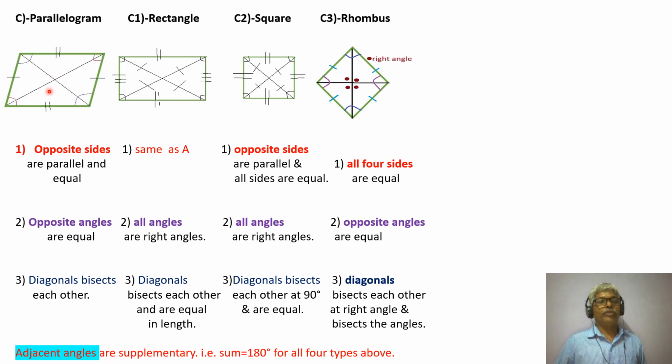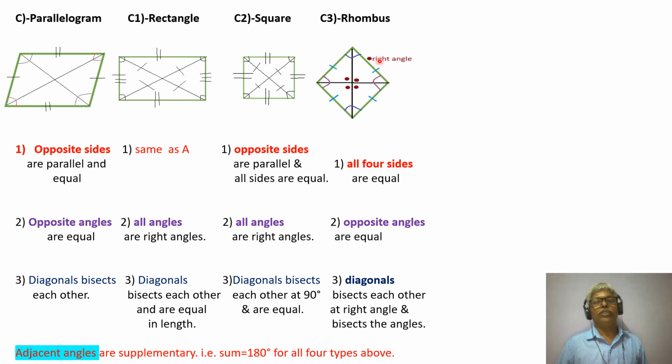So we see parallelogram, then a particular case, a rectangle, then a still more special case, that is a square, and yet another special type of parallelogram is rhombus. What are the properties of these? These are of course different from each other. They may have some properties common but not all.